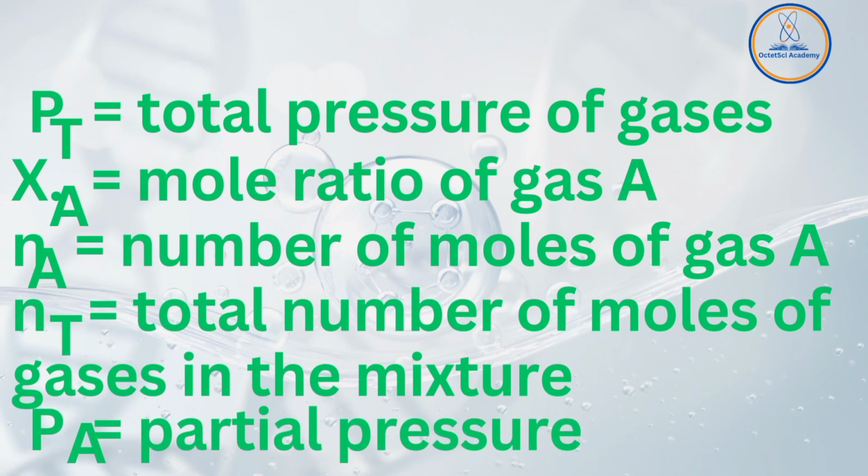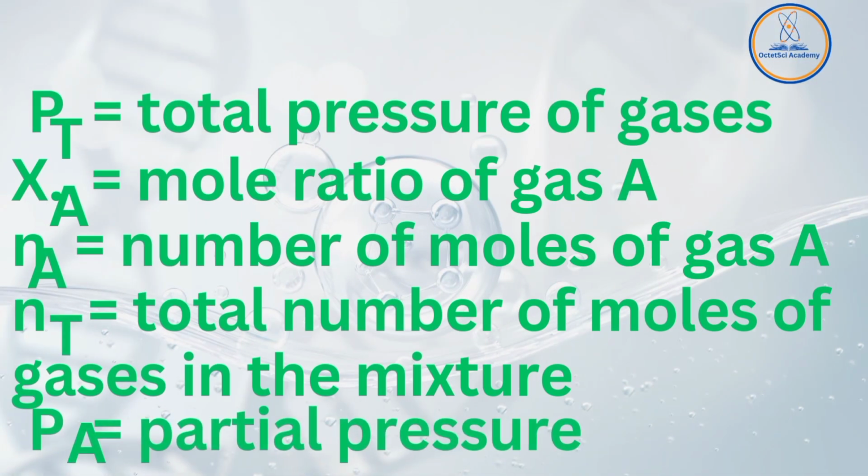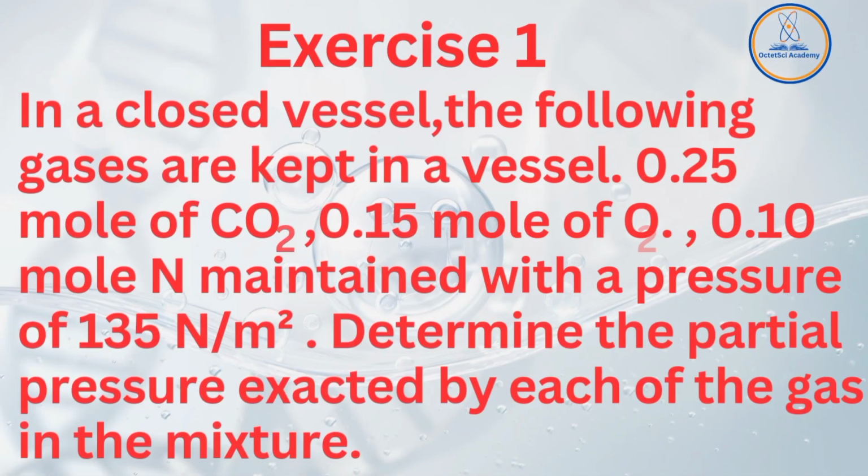The XA is the mole ratio of the gas A. NA is the number of moles of gas A. NT is the total number of moles of gases in the mixture, while PA is the partial pressure. So we can also find partial pressure of gases using that second formula. So we are going to use that in this exercise.